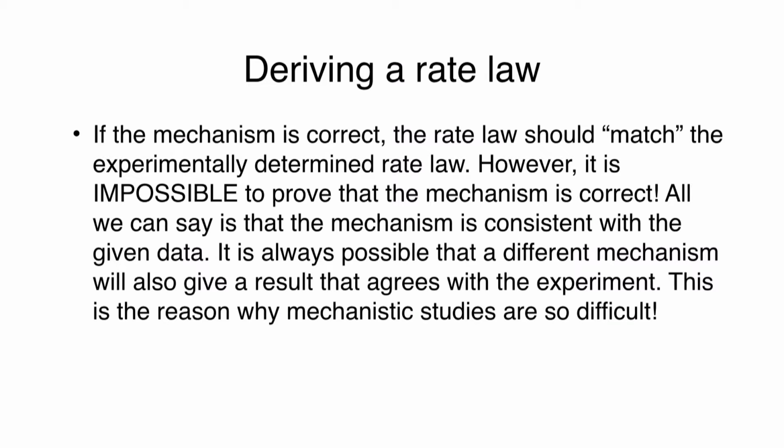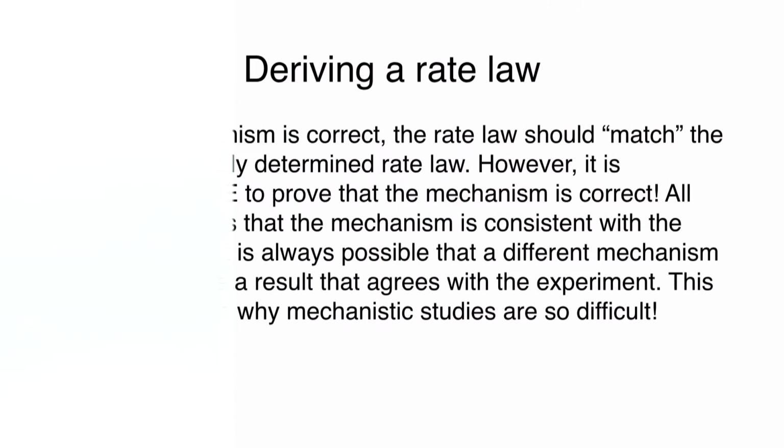Before I do that, though, I do want to mention one thing. When we're doing all of this, it's really kind of impossible to prove that a mechanism is correct, because you can't see these little particles moving around. All you can really do is say that the data you're given is consistent with the mechanism that you're providing.